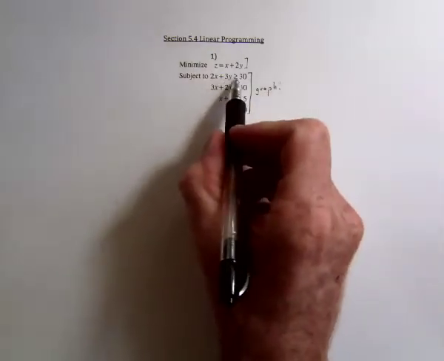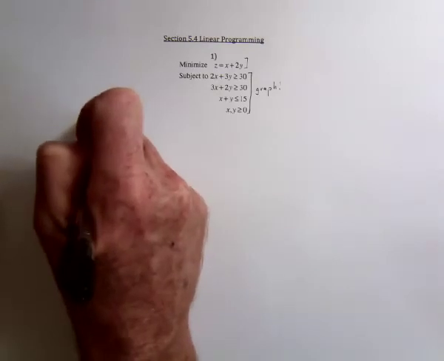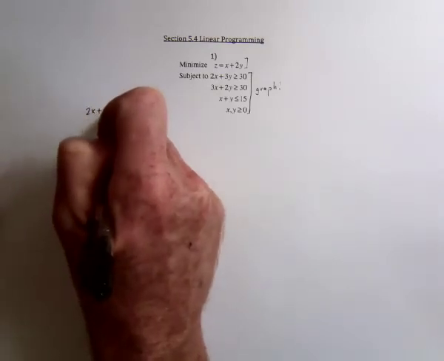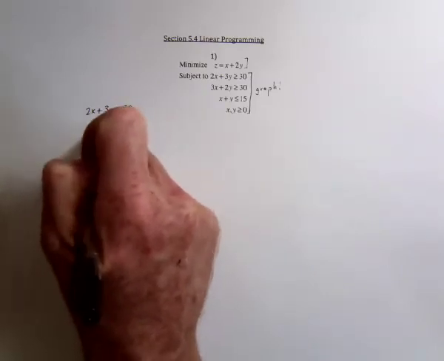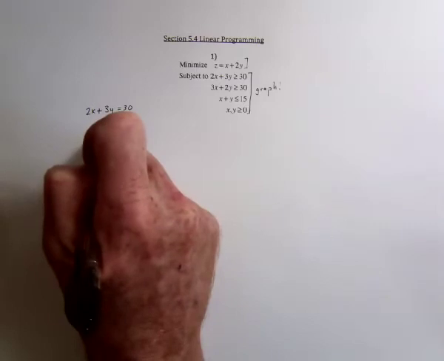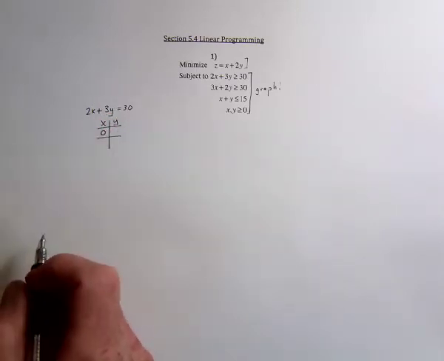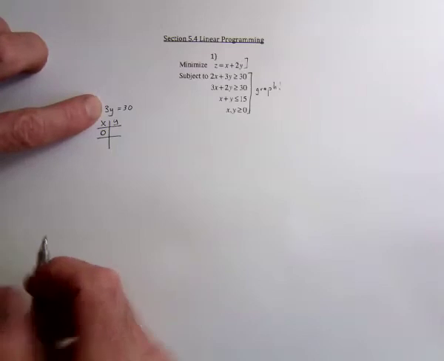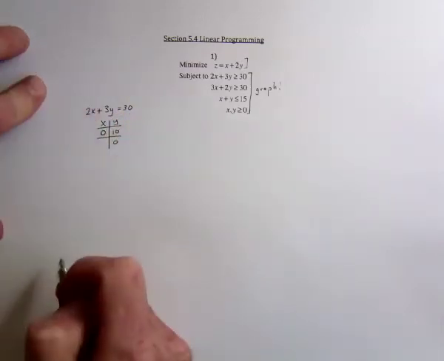So we've got this 2x plus 3y, and we'll set it equal to 30. And make a table of values with 2 points. I like to use the x-intercept and the y-intercept. So for the y-intercept, let x equal 0. Find out that y is 10. Next, let y equal 0.